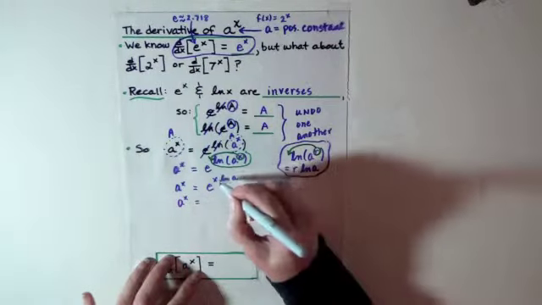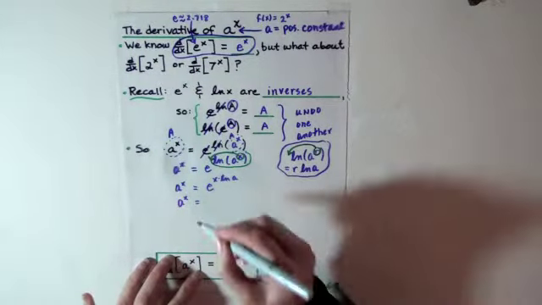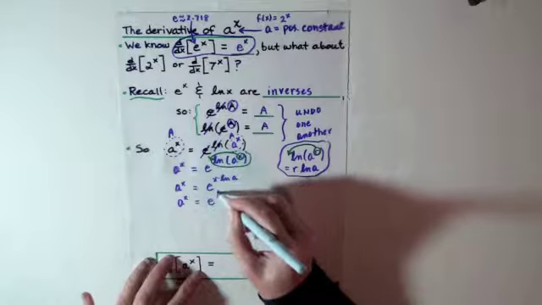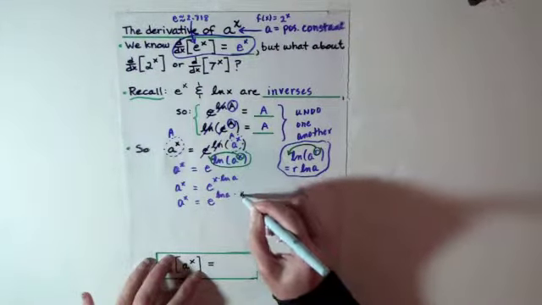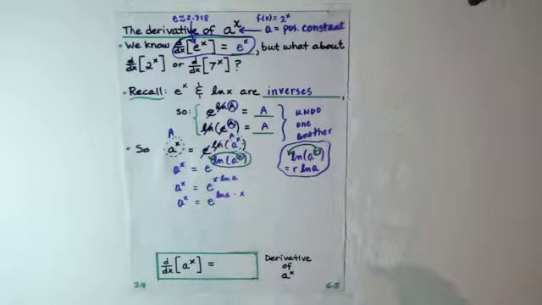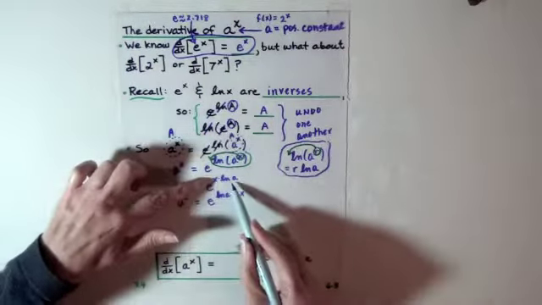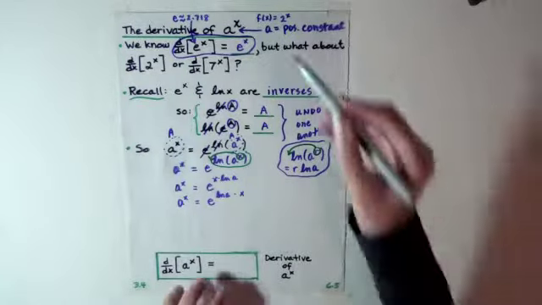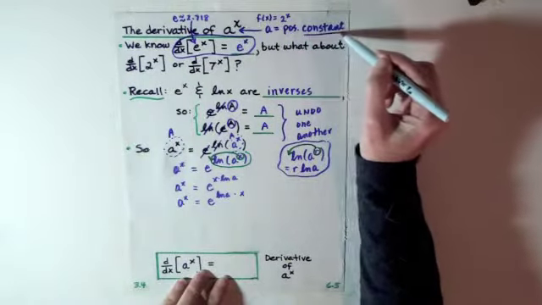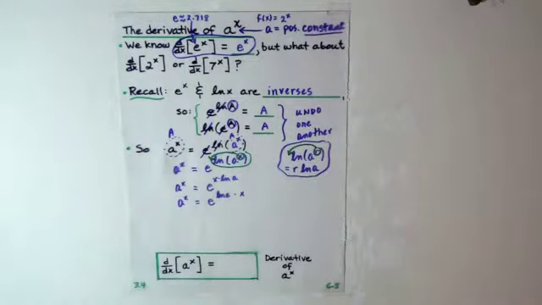I'm going to rewrite it in a slightly different form still. What we mean by this is x times ln of a, and I'm going to write it as ln of a, that number, times x instead. So I just reverse the order of these two factors up in the exponent. Now I want you to remember that a is a constant, so it's some number. Think of a as being 5 or 2 or 7 or something like that.